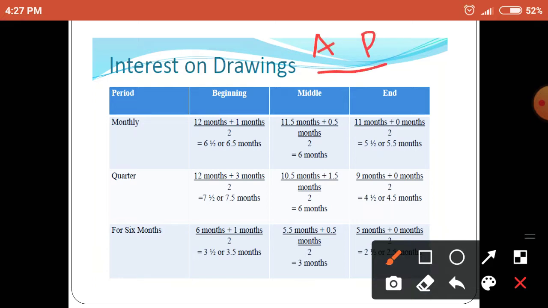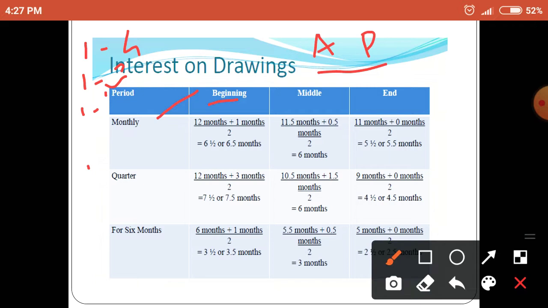See this average paid, that is AP. If a partner withdraws some amount at the beginning of each month, meaning on the first date of every month, like 1 April, 1 June, 1 March, 1 January, 1 November, then the beginning of each month is the given condition in the problem.